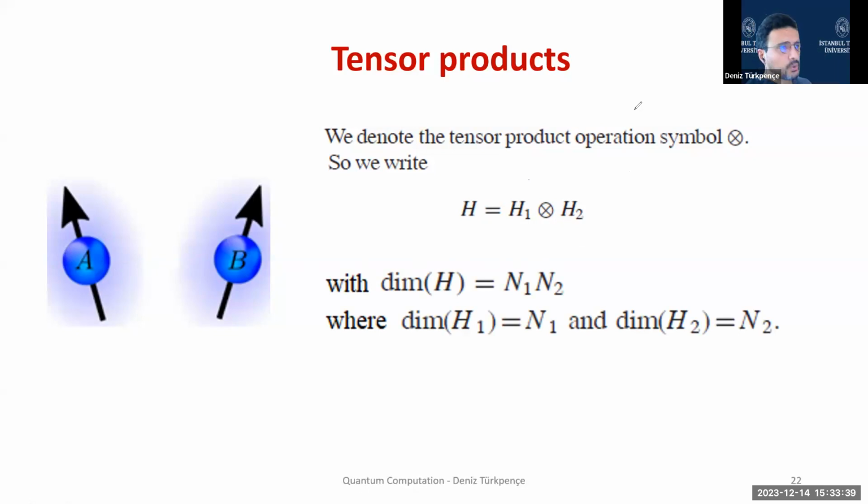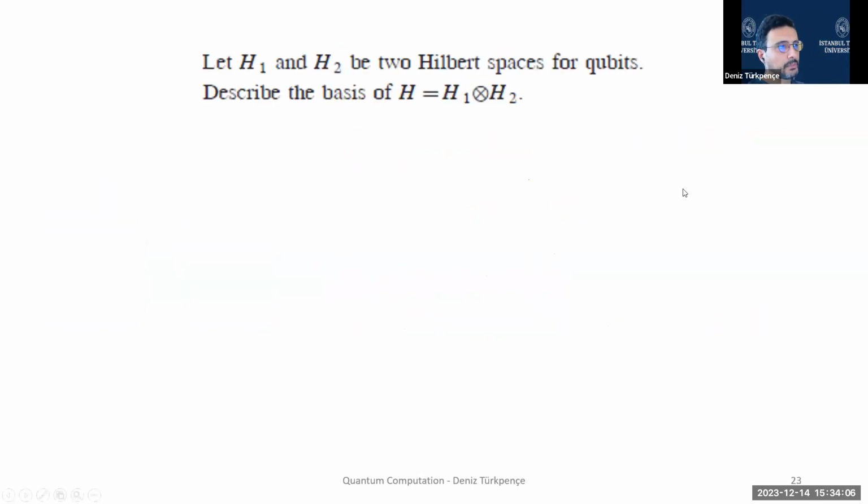But in the tensor product, these rules do not apply. Here I can have both two-level or multi-level quantum systems. It doesn't matter. If my dimensions are n1 and n2, the tensor product multiplication rule is different.